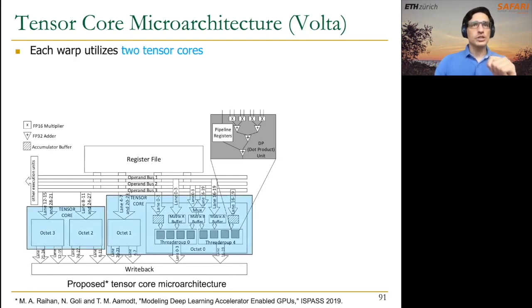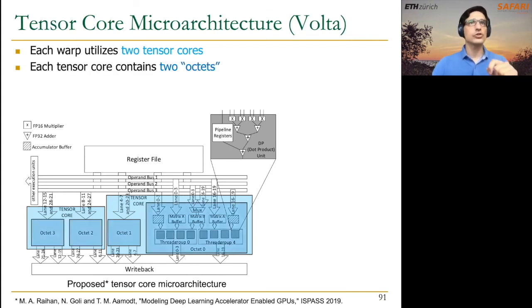What we know from this paper is that each warp utilizes 2 tensor cores every time we need to execute instructions for one warp on the tensor cores, and each tensor core is divided into 2 octets.